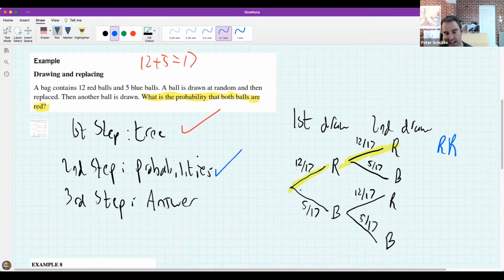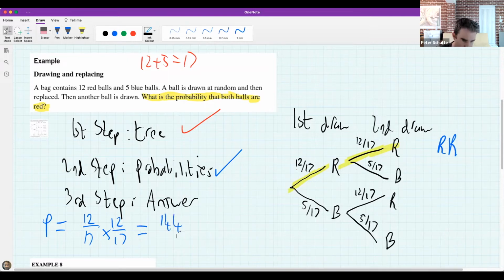In order to get the probability of that branch's outcome, I simply have to multiply along the branches, which is 12 over 17 times 12 over 17, which is going to be 144 over 289.